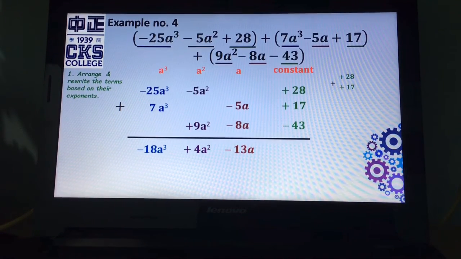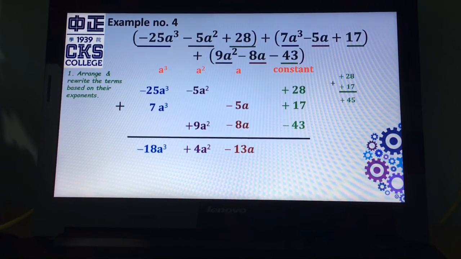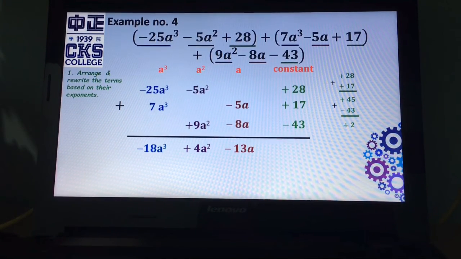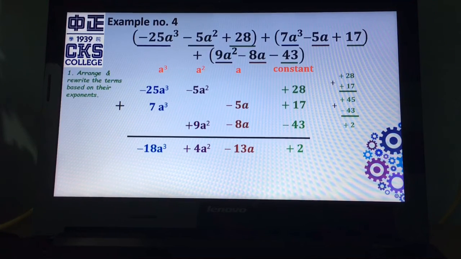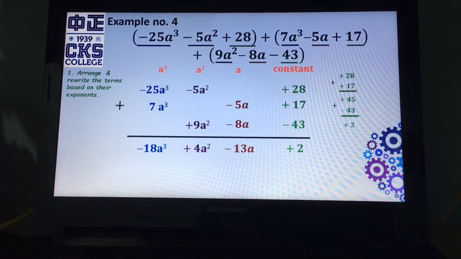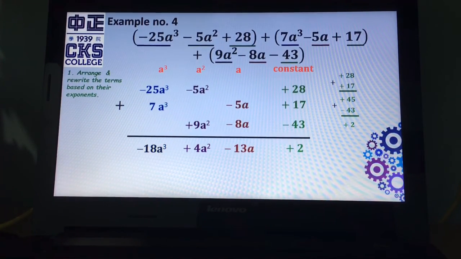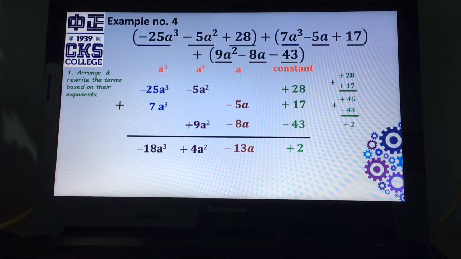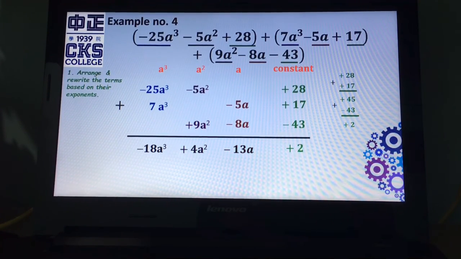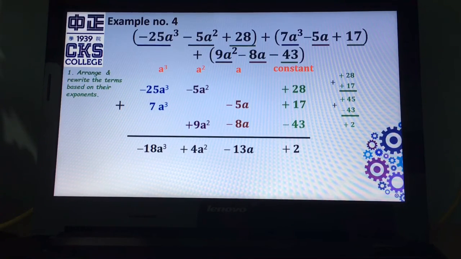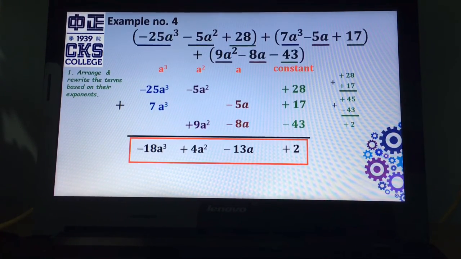Then 28 plus 17 will give us 45. Plus negative 43 will give us positive 2. So we just write here positive 2. So our final answer is negative 18a cubed plus 4a squared minus 13a plus 2. Then don't forget to box your final answer.